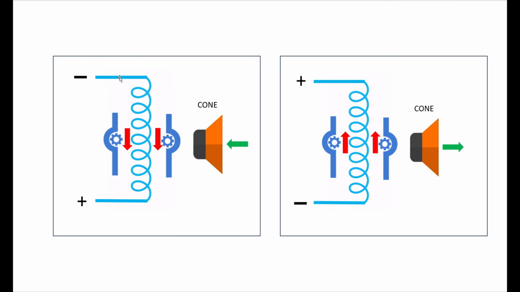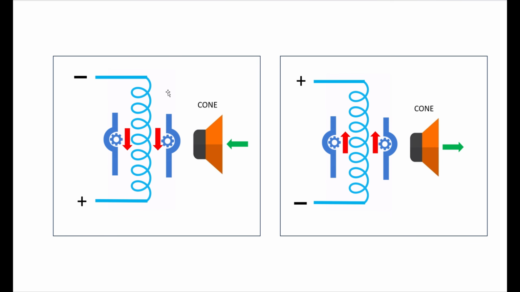Because when you put current through a voice coil, it creates an electromagnetic field, and that electromagnetic field interacts with the fixed magnetic field and causes the voice coil to move. Right, so if you apply a negative polarity or negative voltage to the voice coil, it will cause the voice coil to pull back.